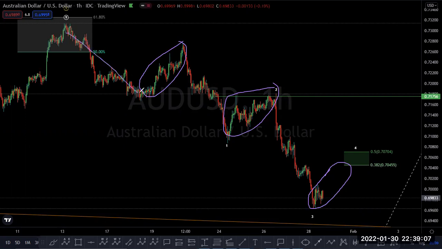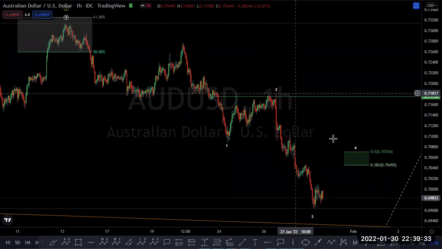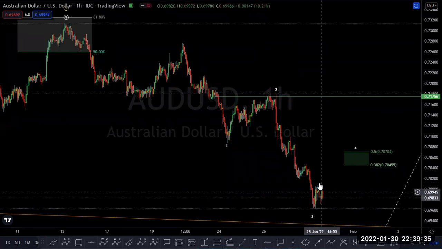I got 1, correction 2, correction 3, correction 4, or 1, 2, 3, 4, 5. So we're looking for the fifth wave to drop. But now it is early. Let it give us a pattern that will not be confusing. So don't rush to buy, don't rush to sell.